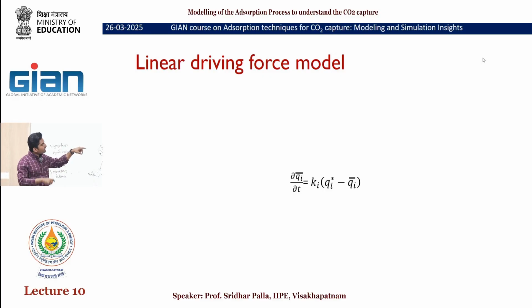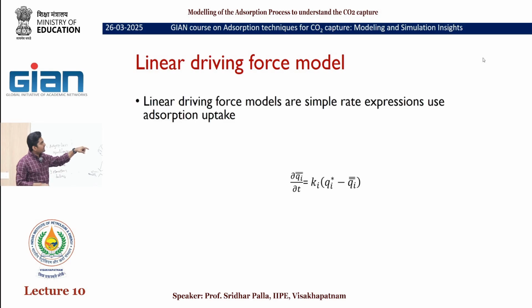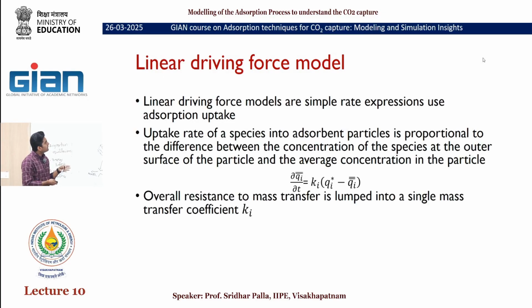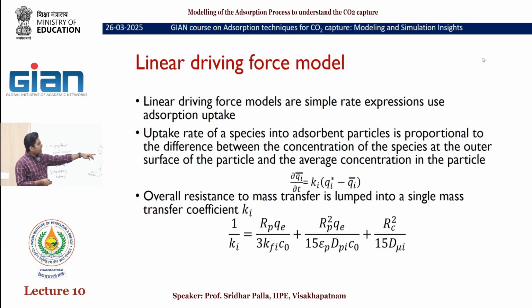So the interesting factor here is what is K. The main motivation behind developing this model is to simplify the diffusion resistance models and the film resistances inside these particles, the intraparticle diffusional resistances. So what we did here is we combined all three resistances into one mass transfer coefficient.